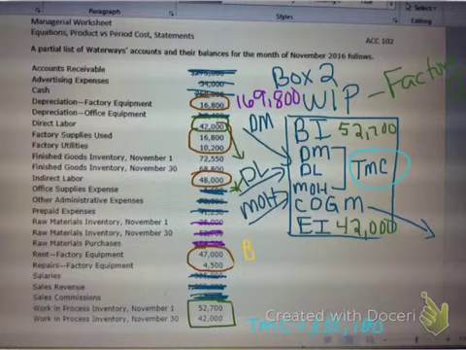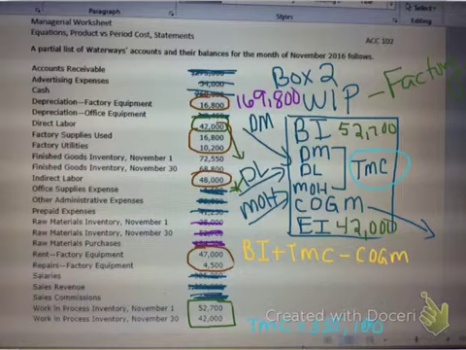It's beginning inventory plus total manufacturing cost minus cost of goods manufactured equals ending inventory. And this is for that work in process inventory. So it's the beginning work in process and ending work in process inventory.